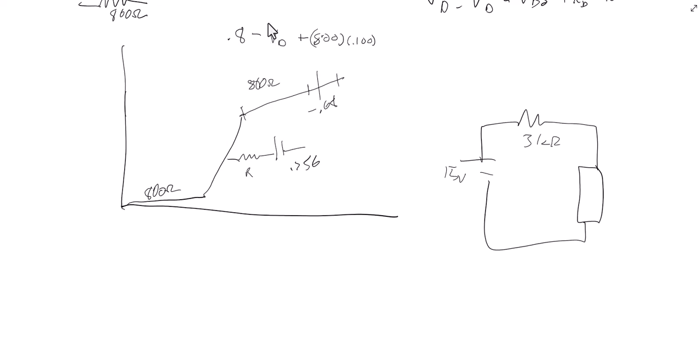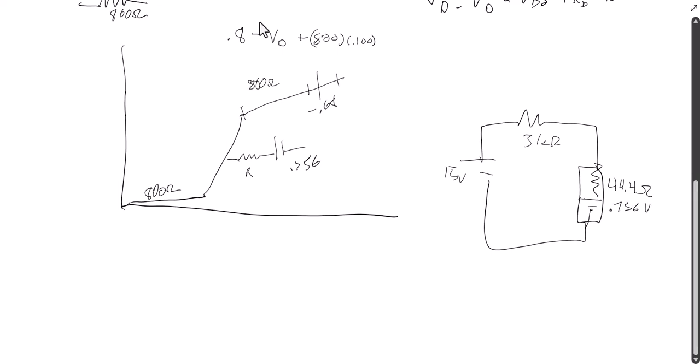Let's say I assume it's operating under the middle segment. Then I assume that this is the 44.4 ohm resistor, and this is the plus 0.756 volt voltage source, and then I see if it works.